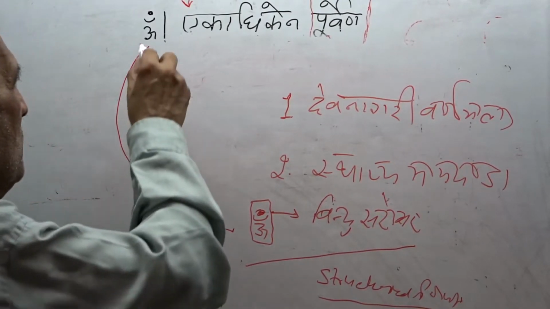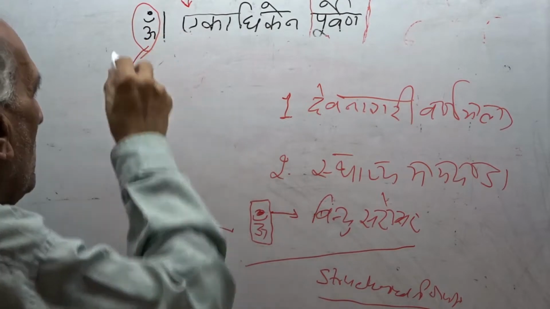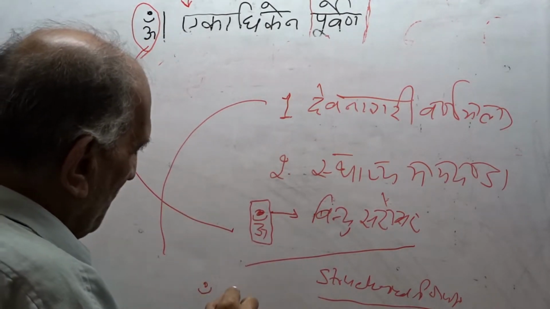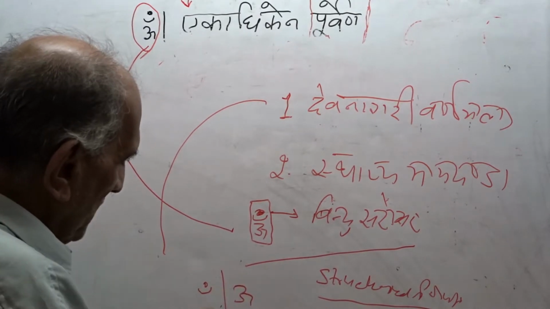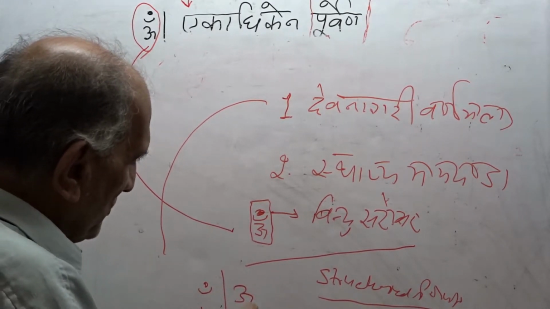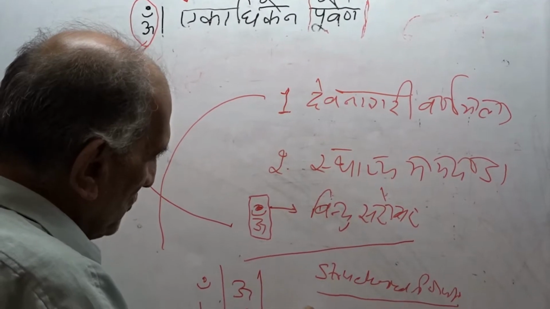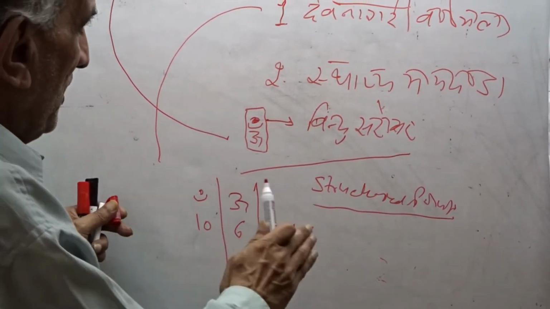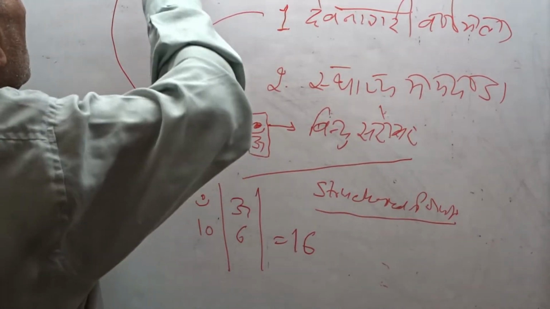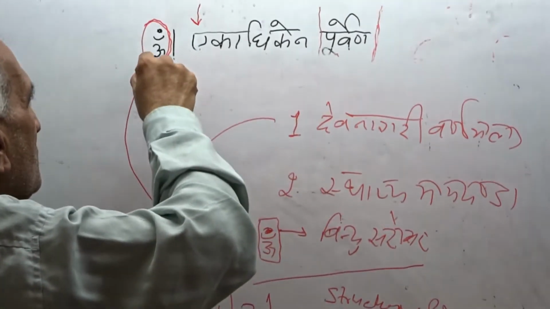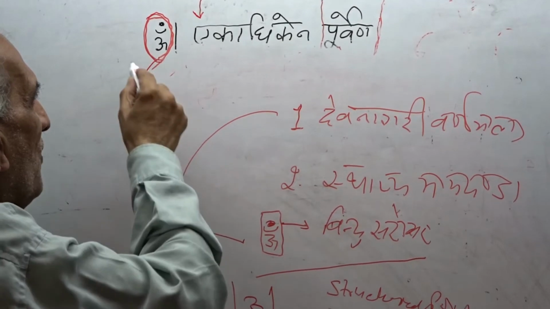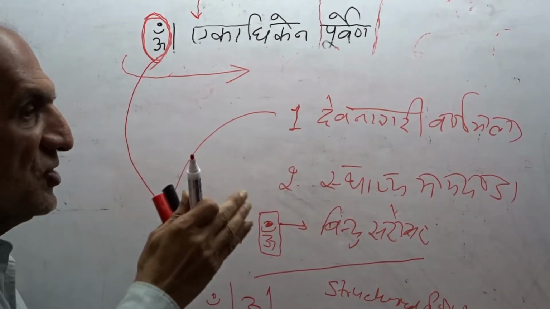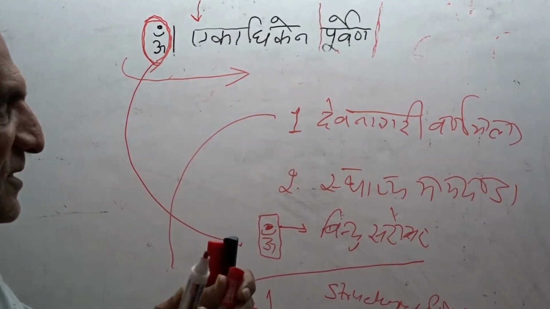Now, this formulation Om in the Devanagari alphabet form is a pair of compositions. It is of value 10 and of value 6, which makes an addition value of 16. Therefore, we see that this formulation becomes the source formulation for embedding these structures within it and regulating the processing processes.